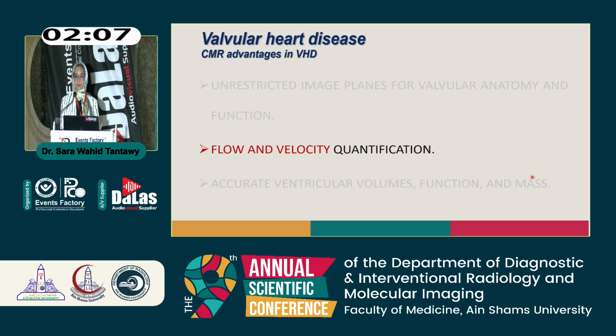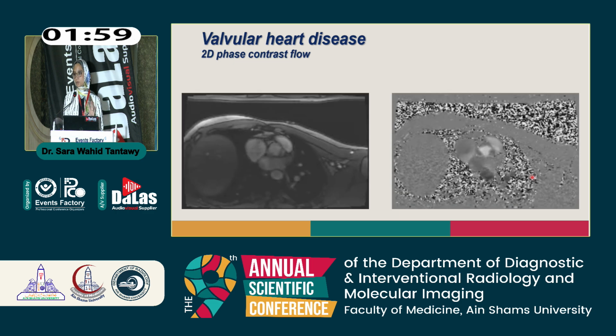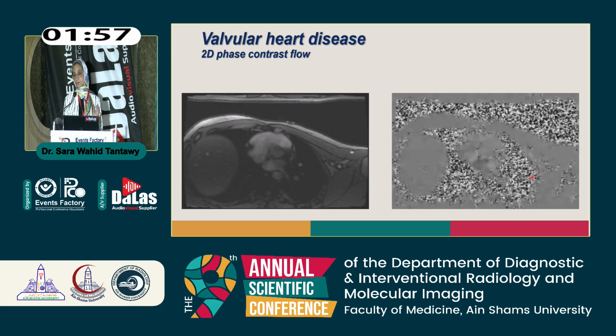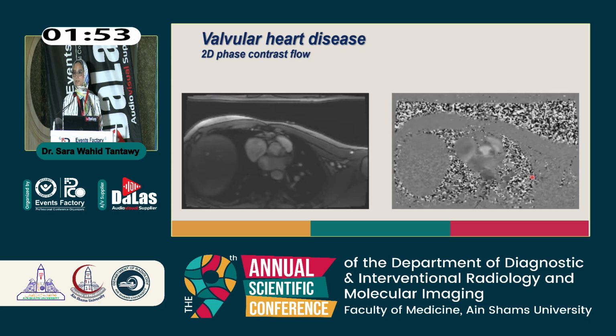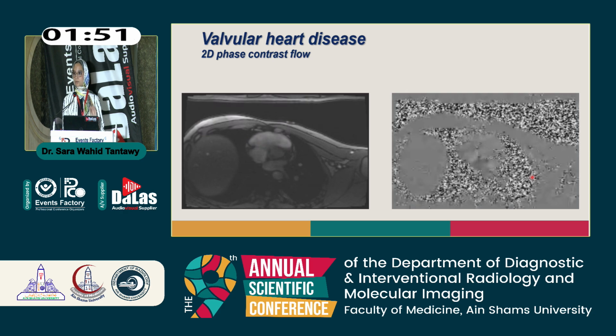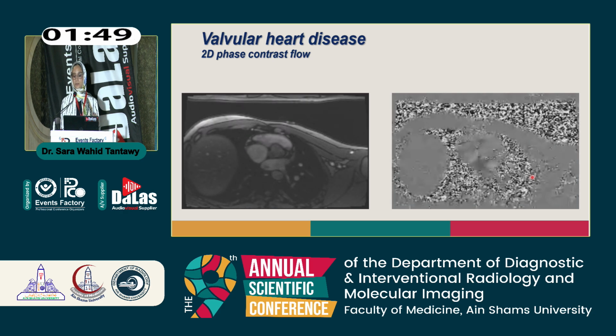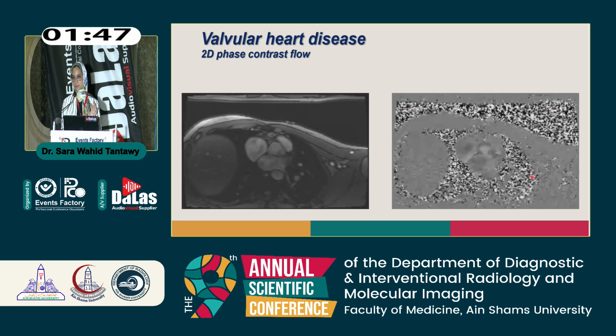The second most important thing, or the second advantage of CMR in valvular lesions, is the flow and velocity quantification. And actually, this is a unique characteristic feature of CMR, because we have a dedicated flow sequence just to quantify the flow along the cardiac cycle. So this is like the Doppler of the ultrasound.